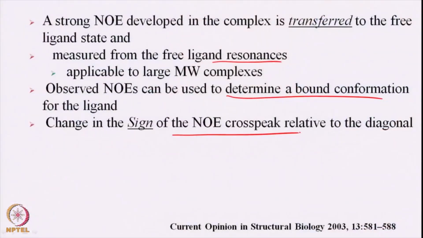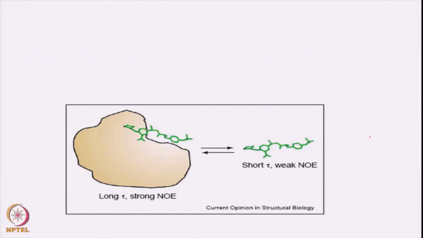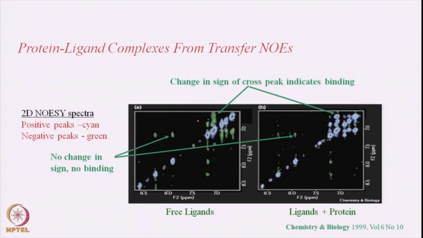When the protein interacts with a ligand, the ligand NOE sign will change because it now becomes a bigger molecule. So the NOE cross peak sign will change, and that is what one can find out. Essentially, the protein has a long tau and strong negative NOE, the ligand has a short tau and weak NOE, and if it forms a complex, the NOE pattern of the complex will change, and that is what you are going to see here.